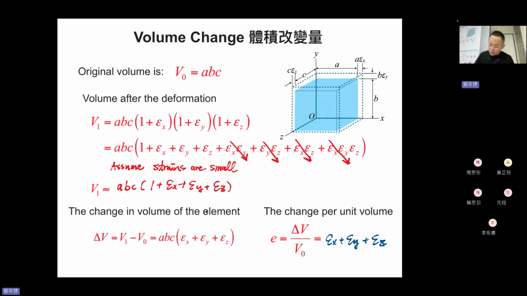And then we talked about volume change. We set the original volume as abc and the volume after deformation.